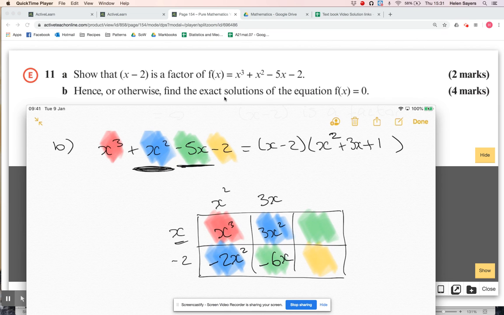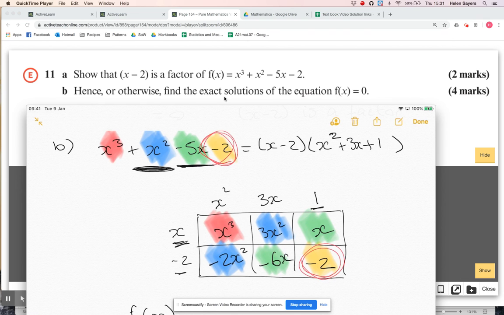I want minus 5x, so I need to add 1x onto that. That's going to come from x times 1, and then 1 times minus 2 gives me minus 2. And that last bit is really just to check, because they should end up equaling the same thing because we know there's no remainder. So whichever method you use is absolutely fine.